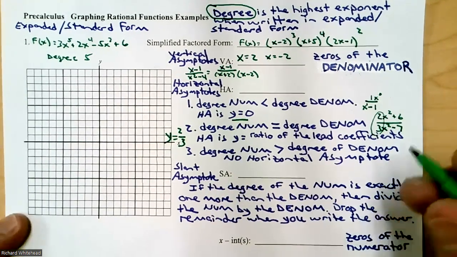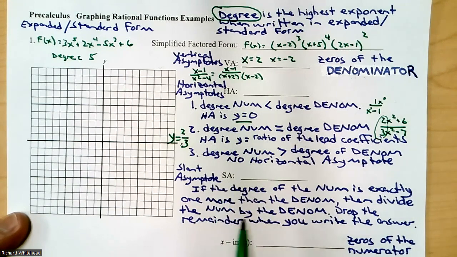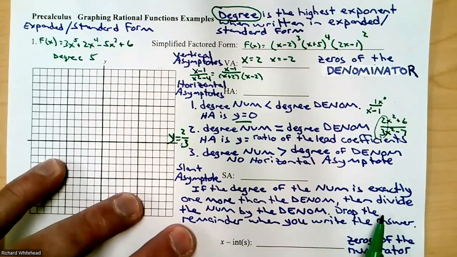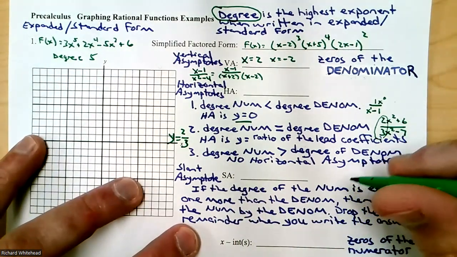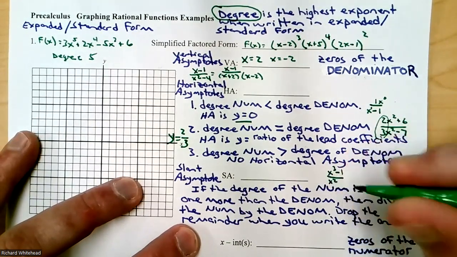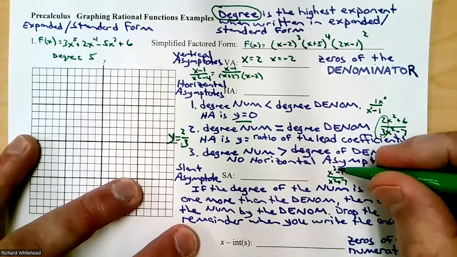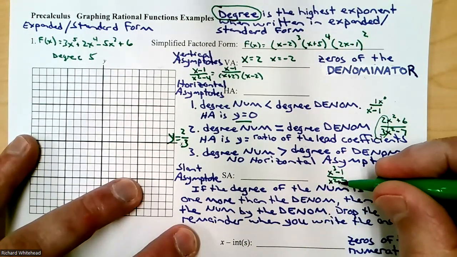So if you have something like x to the third over x squared, it will not have a horizontal asymptote. It might have a slant asymptote, because a slant asymptote is when the degree of the numerator is exactly 1 more. So if you had something like (x cubed minus 1) over (x squared plus 7), this would have a slant asymptote because the degree of the numerator is exactly 1 more.